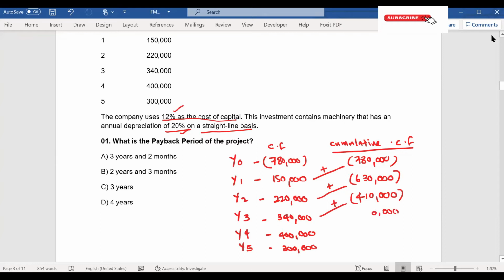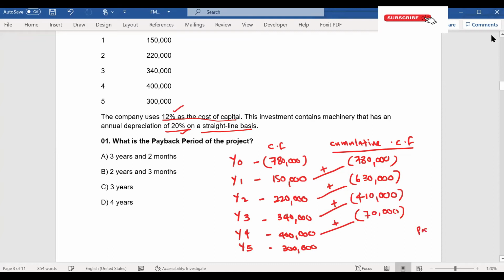So 11 minus 4 is 7. 3 minus 3 is 0. So still it's 70,000. So 70,000 plus 400,000. So there it becomes positive.